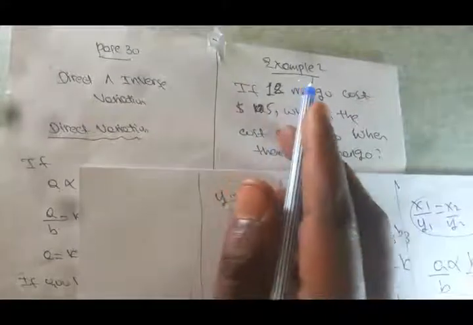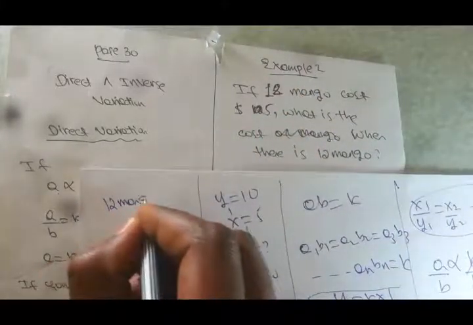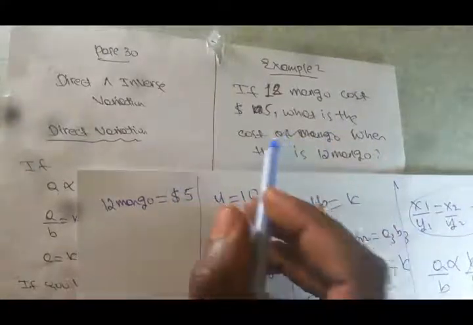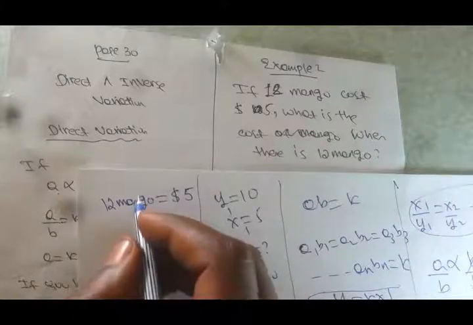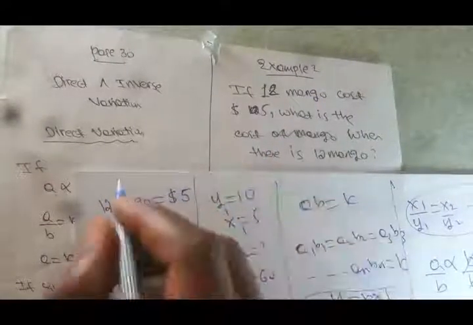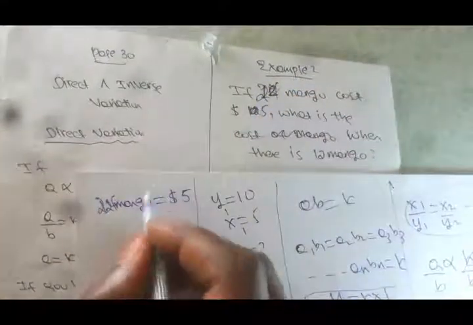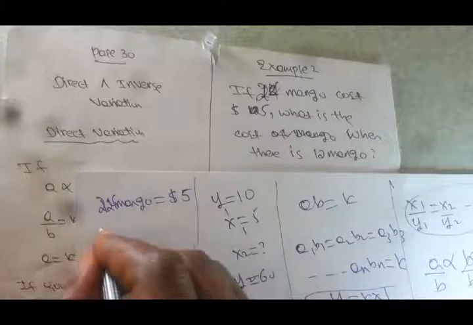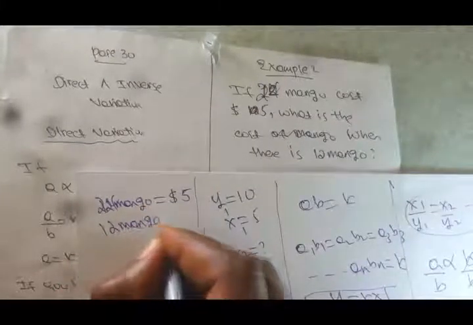Now example 2. If 24 mangoes cost $1.05, what is the cost of 12 mangoes? Let 12 mangoes be x.